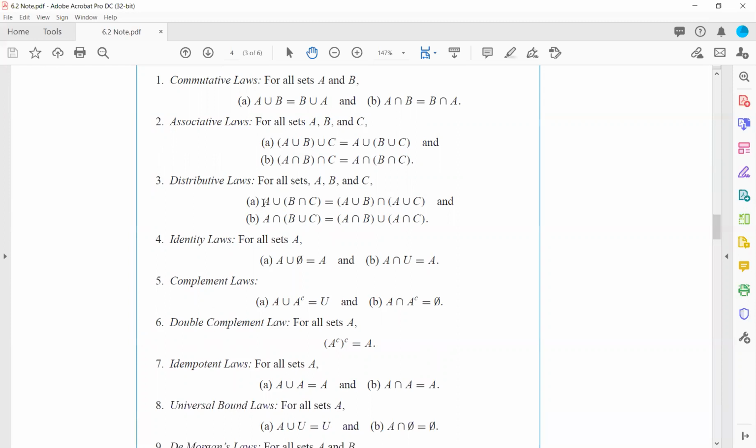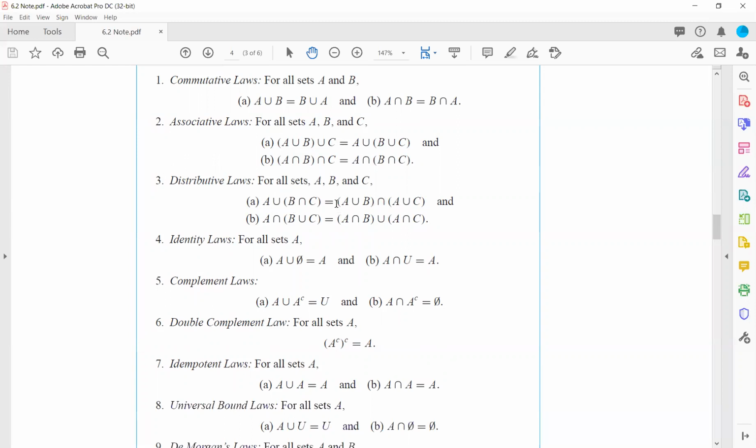We have the same thing for union over intersection. We can distribute union over the intersection between two sets. A union with B intersection C is A union with B intersection A union with C. So remember that you have equality in between these two.